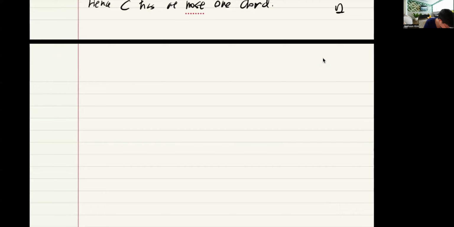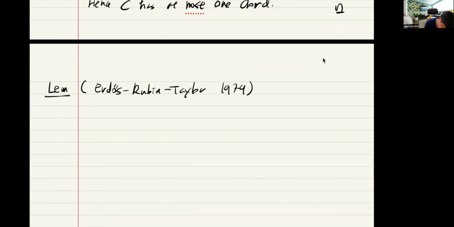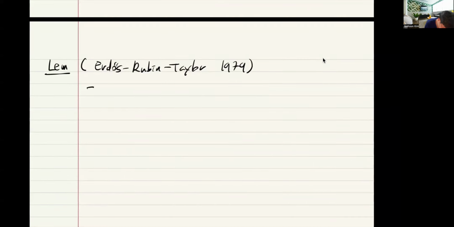So now we are almost ready. So we proved this lemma by Erdős, Rubin, Taylor. And they proved the Brooks theorem for two connected graphs.